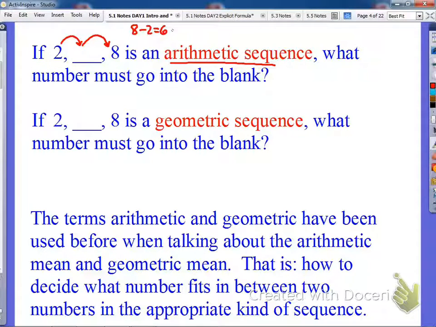That's 6, right? And so I'm going to add something here and then something here, and the total jump that I've made is 6. So I take that 6 and divide it by 2, and I get 3. So this is going to be the amount that I'm jumping. All right? So 2 plus 3 is 5, and 5 plus 3 is 8, okay, so it works out. Does that make sense?